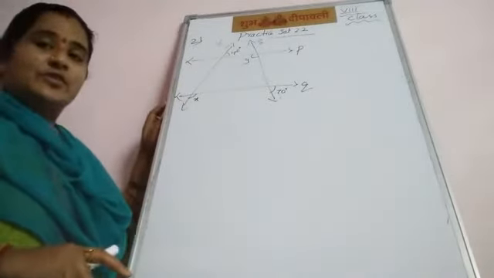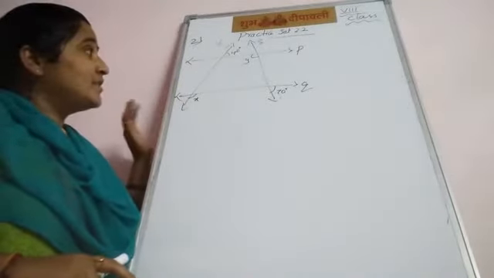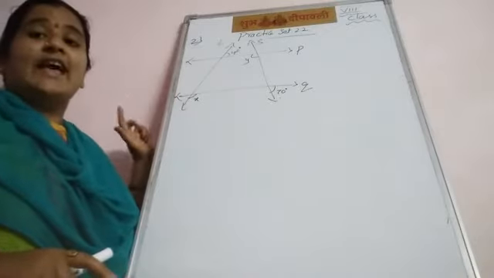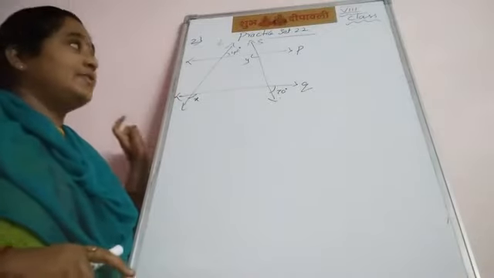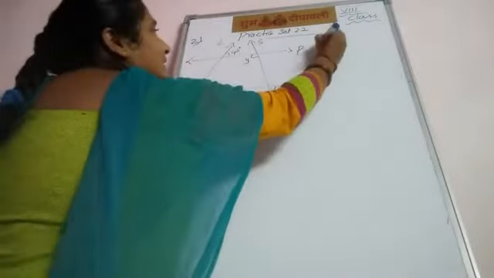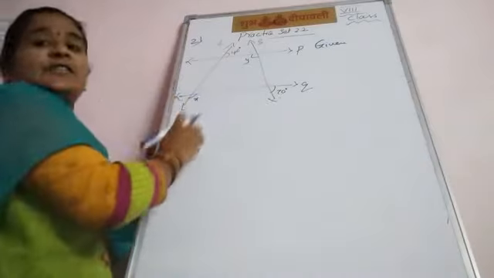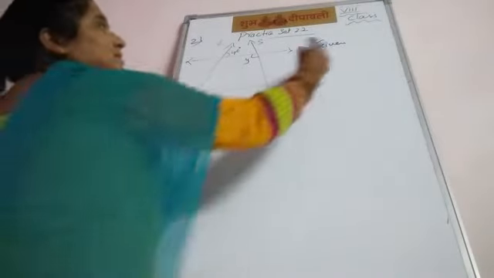Students, now the second question. Observe the figure. Find the value of x and y. First step, we will write the given. Given what? Line P and line Q are parallel lines.